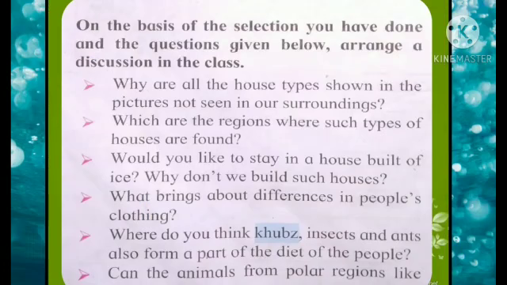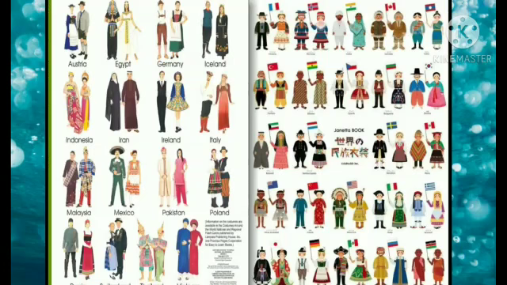So next question. What brings about differences in people's clothing? Now you must have seen that there are different types of clothing in different regions or different countries. Why do you think people in different areas or regions wear different types of clothes or clothing materials?